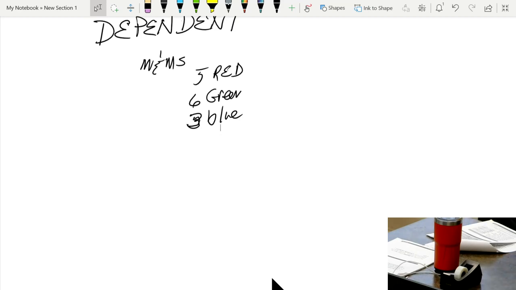That plus that plus that. So the chance of getting a red one is 5/14. If I put it back, the chance of getting a red one is still 5/14. If I don't put it back, then it becomes a dependent event, and I get 4 out of 13.